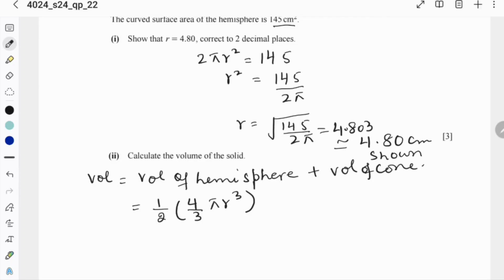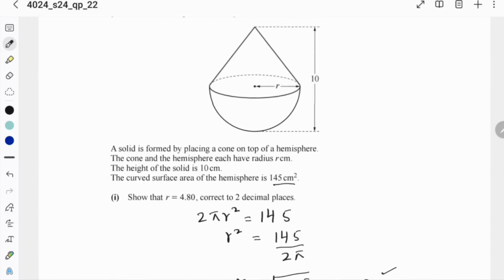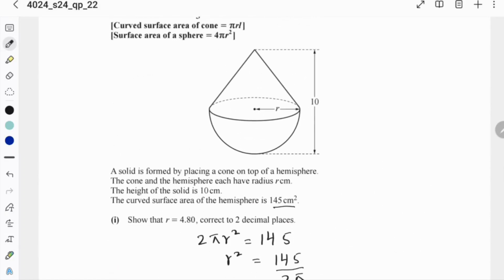So for the hemisphere we keep half times the sphere volume, plus the cone, 1 over 3 pi r squared h. That is 2 over 3 pi times 4.8 cubed plus 1 over 3 pi, and the radius is the same for both shapes, 4.8 squared, and the height of this shape we have to find out.